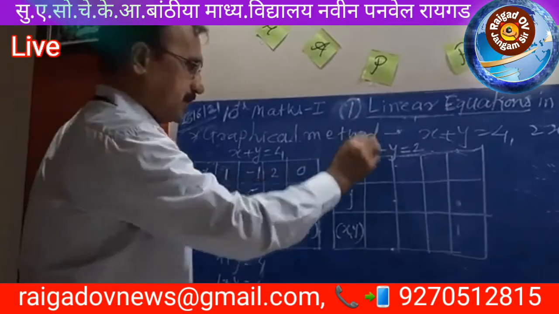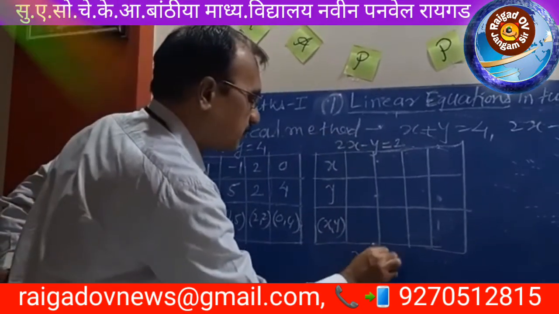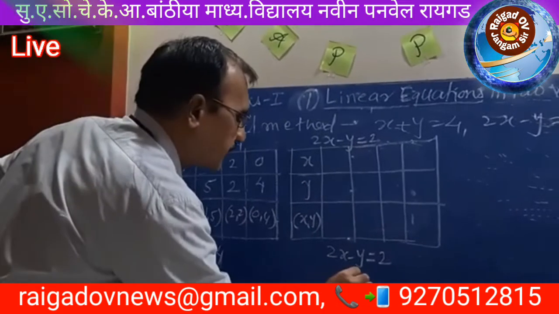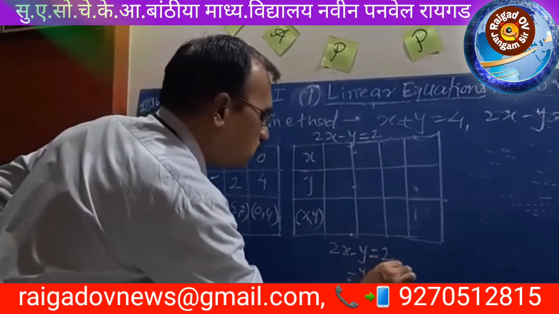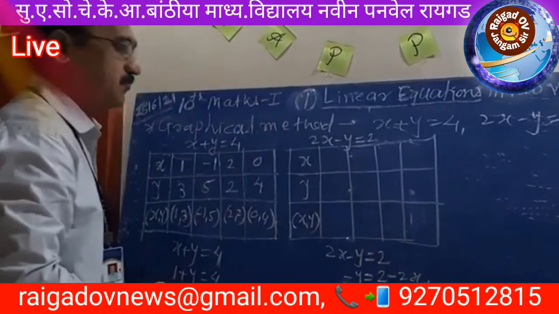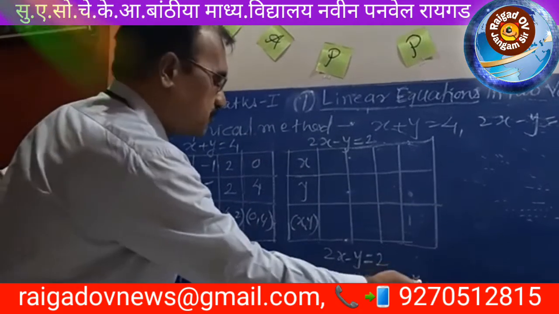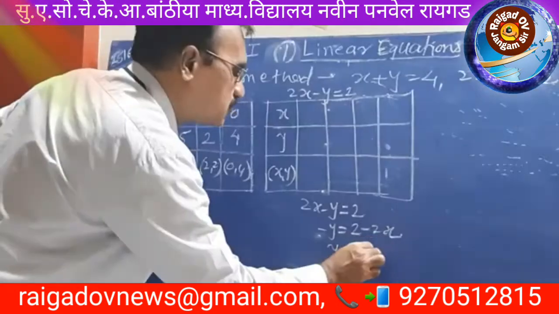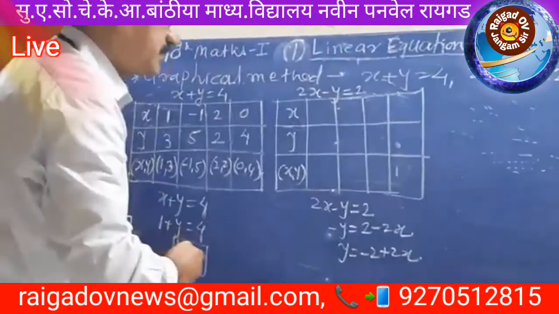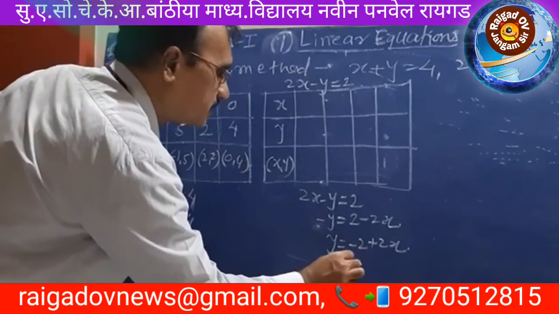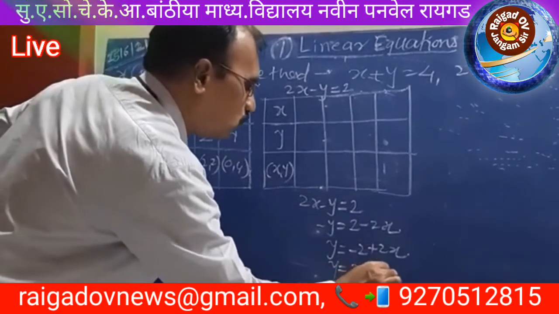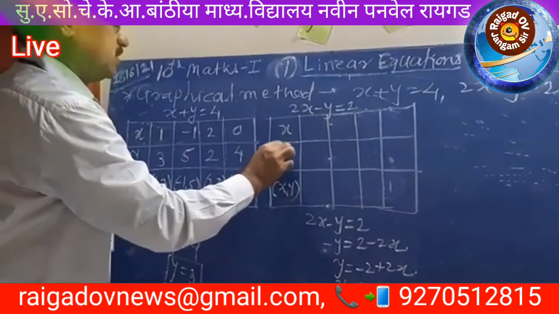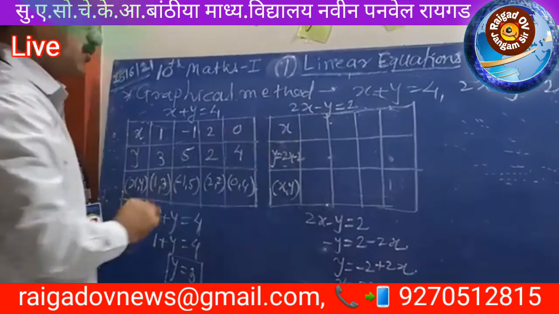Here our given equation is 2x minus y is equal to 2. For our convenience, minus y is equal to 2 minus 2x for easy calculation. Multiply both sides by minus 1, means y is equal to minus 2 plus 2x. That means for our convenience, y is equal to 2x minus 2.